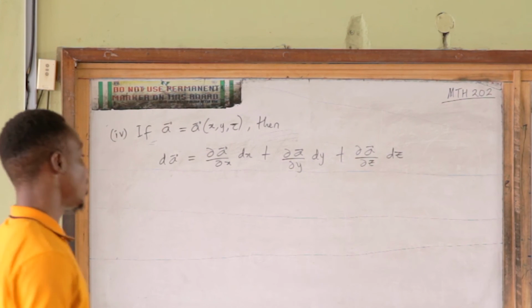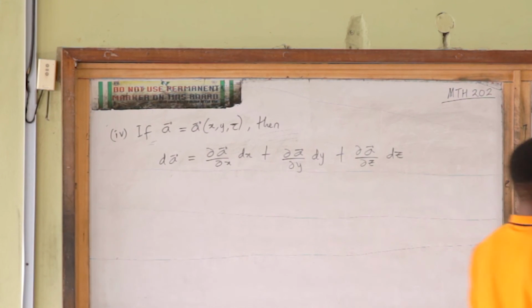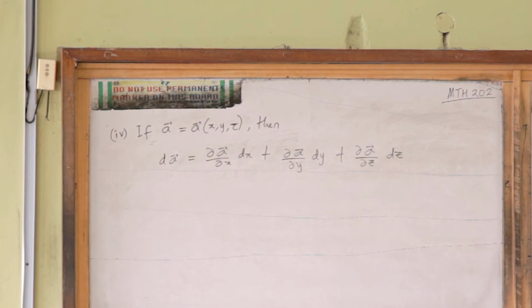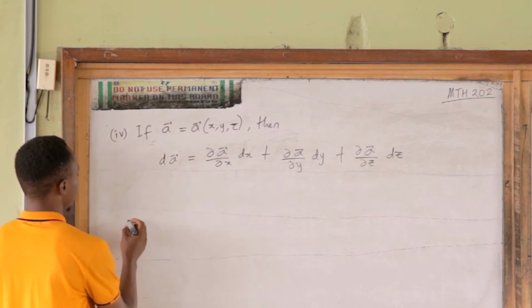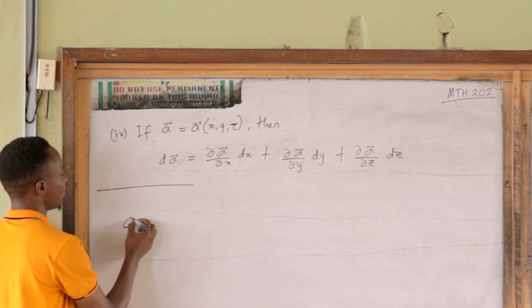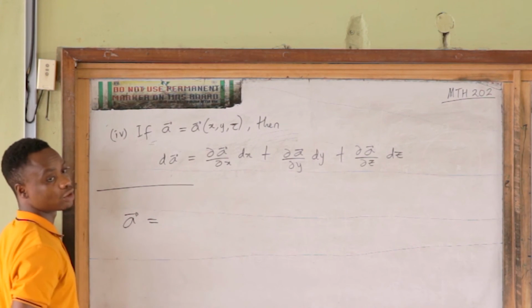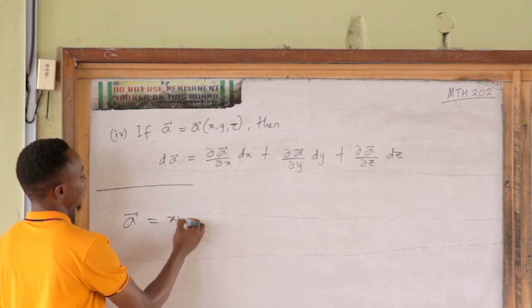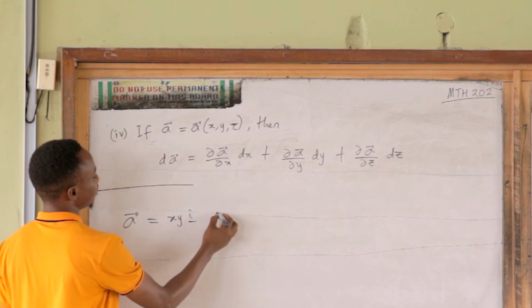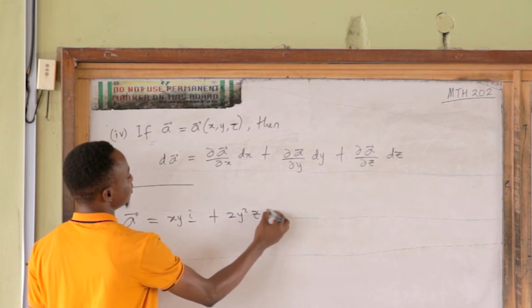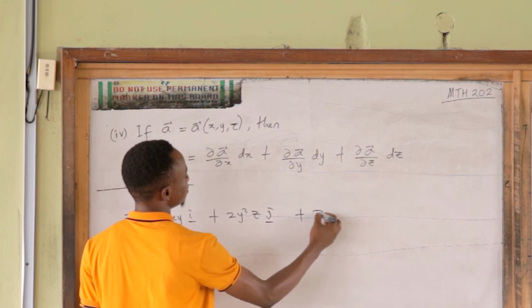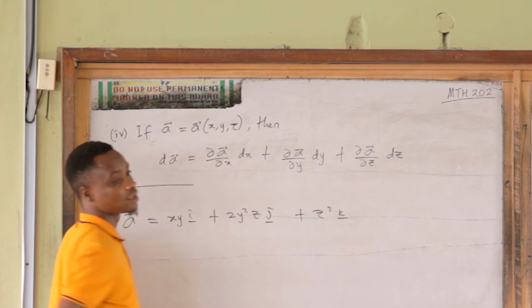Of course, this does not contradict this. Look at something. For instance, pay attention now. Let's say for illustration we have a vector function, something like xy i plus 2y squared j plus 3z k.